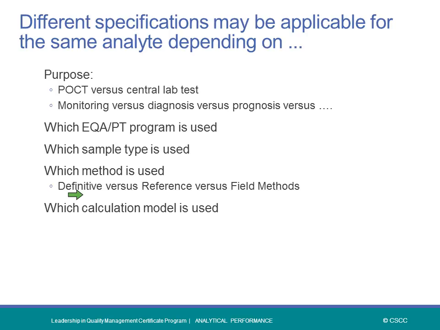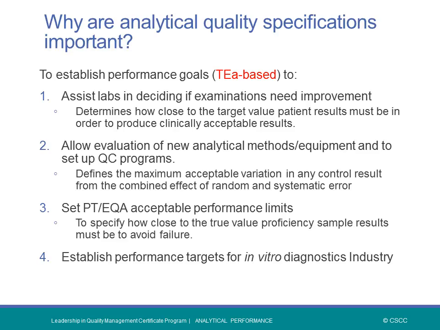But nevertheless, quality specifications do have significant value to everyday business for us as clinical chemists. These quality specifications in the form of estimates of total allowable error are useful in deciding if particular tests or examinations are in need of improvement. Certainly useful for us if we're evaluating or verifying the performance of a new analytical method or new equipment.